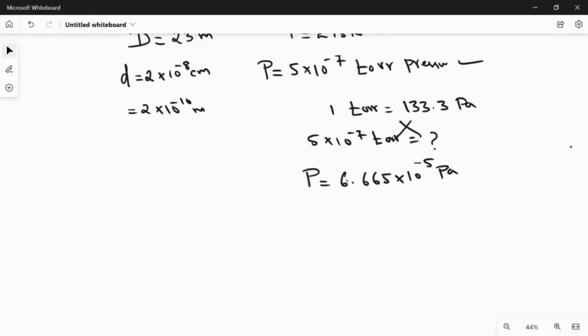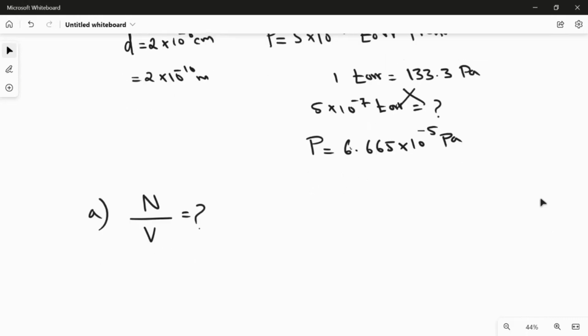Okay, let's start the first question. They need the number of molecules per centimeter cube, so we have to calculate N over V. For this, I'm going to use the ideal gas equation.